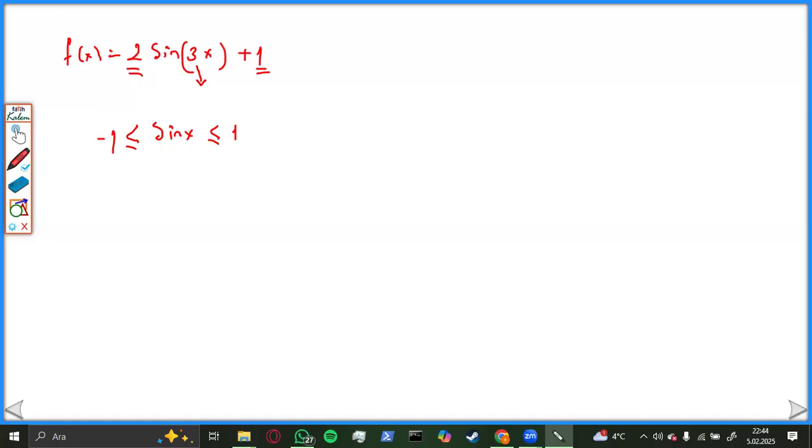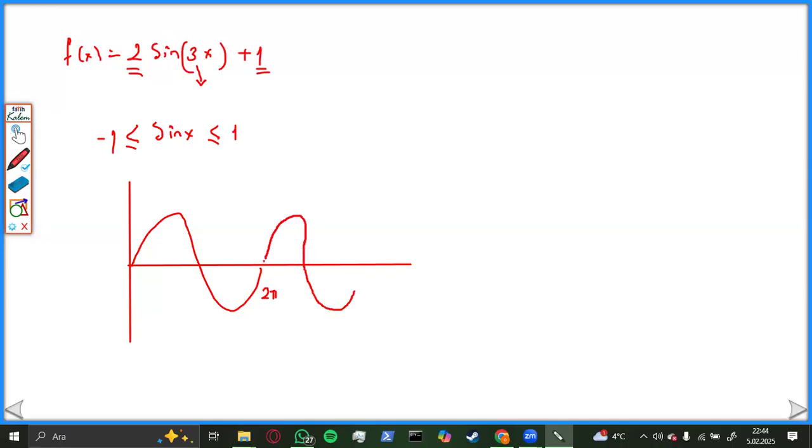But at the same time, if you draw the function once again, you are going to see that for a simple sine x or cosine x, you see a periodic behavior. What I mean, for each 2 pi, you see the same periodic behavior.